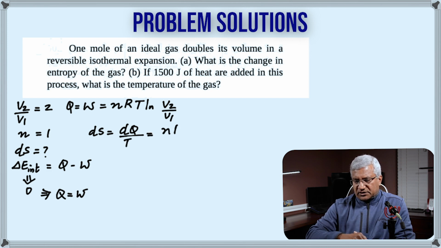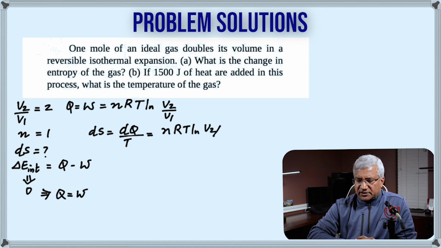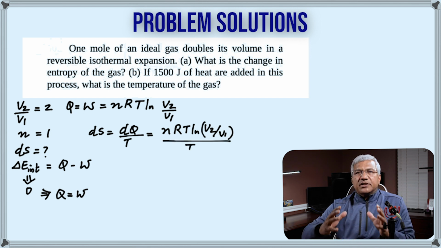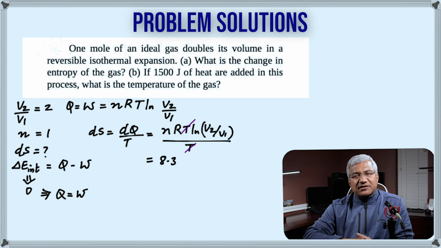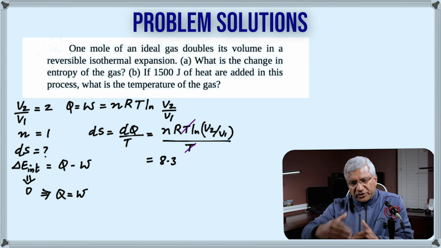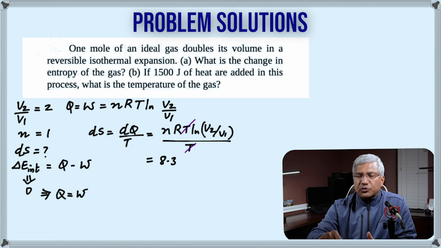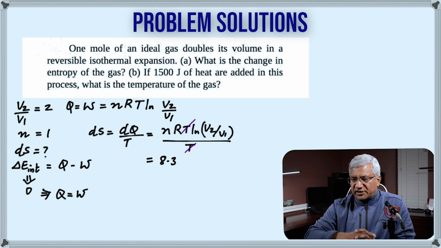And that means it's nRT natural log V2 by V1 divided by T. The problem here is we do not have the temperature. But we don't need the temperature, because the temperature cancels out. So that's why I decided to put it into the formula to show you that we do not need the temperature.